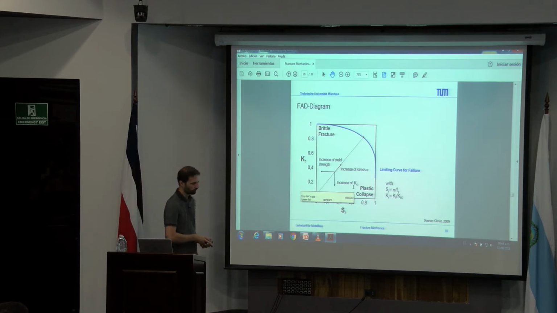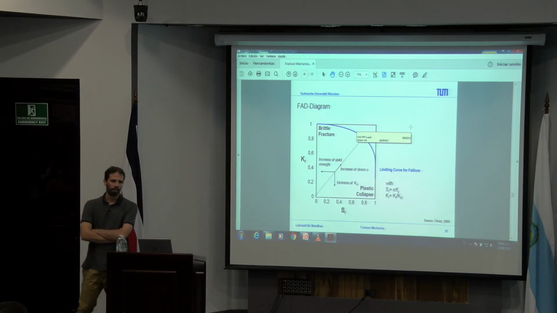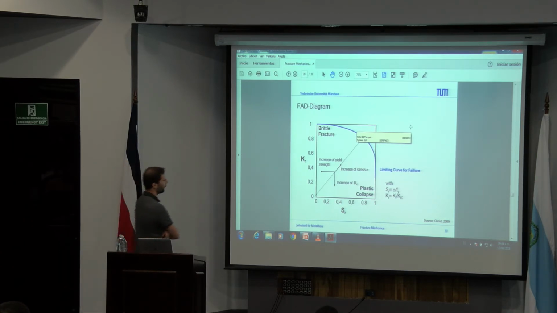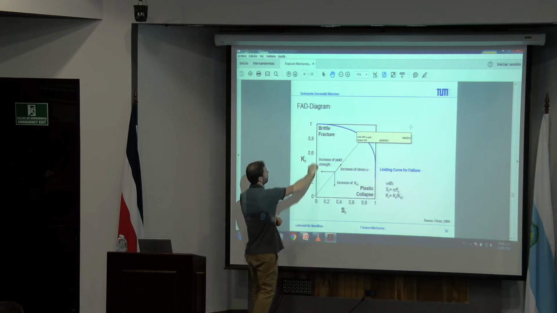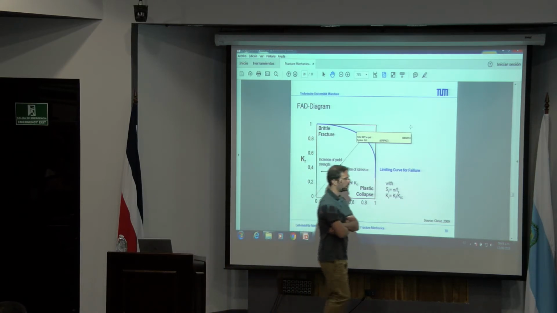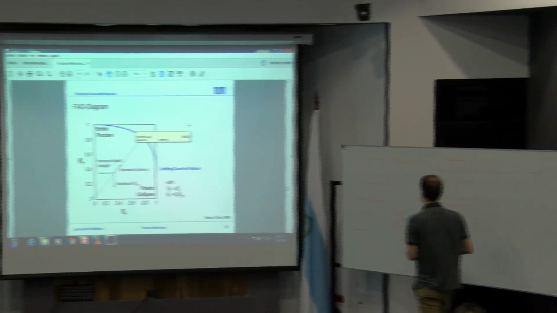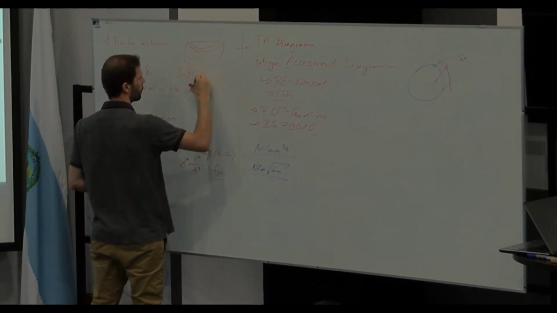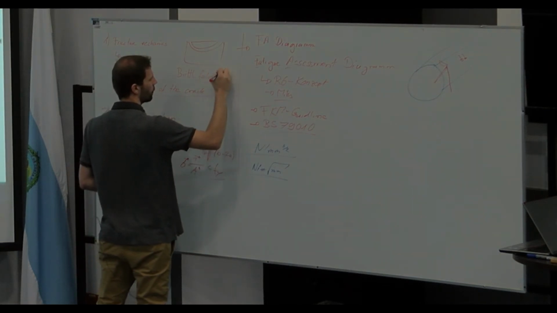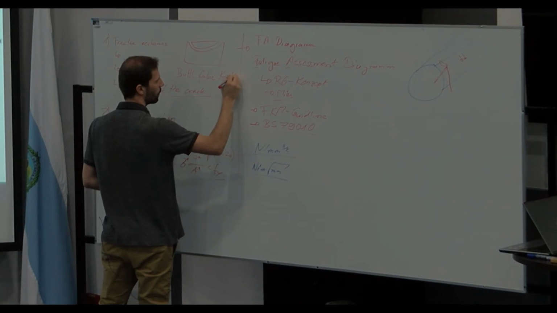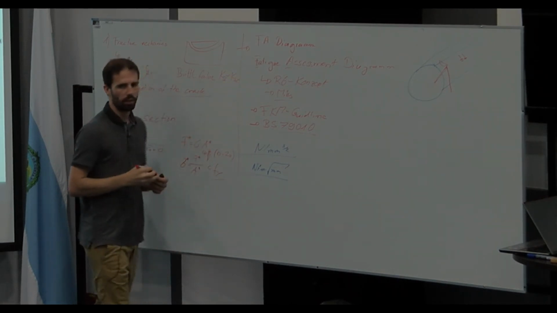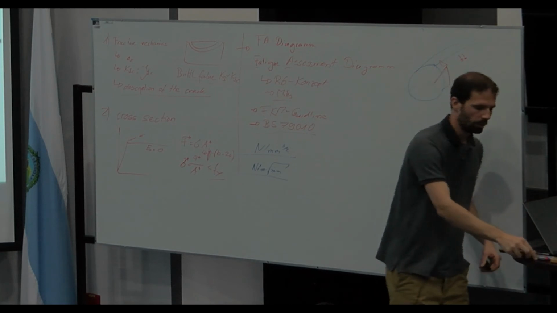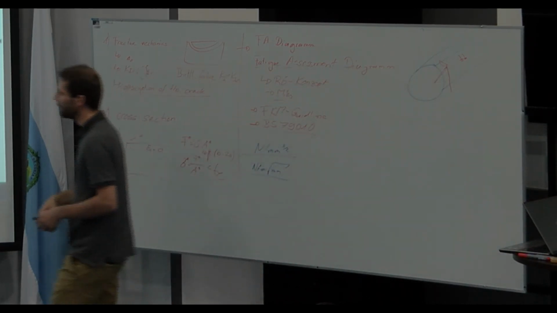We have here our FID diagram, and the FID diagram, of course, has here at this part the brittle failure. So this is the part where we have a K1 similar to K1C or above K1C.